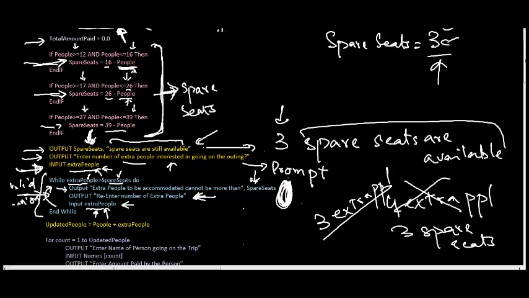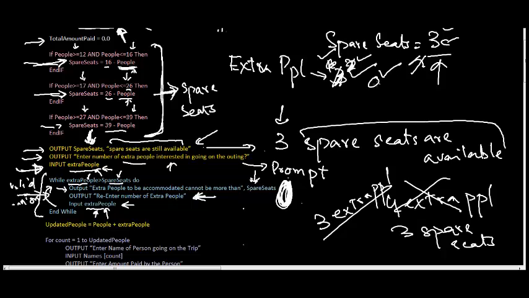Only when the user provides a valid value, meaning if we have 3 spare seats available to us, then if a user provides something like 3 extra people going on the trip, this is fine. Or the user provides a value like 2, this is fine. Or 1, this is fine. Or a value like 0, this is fine too.